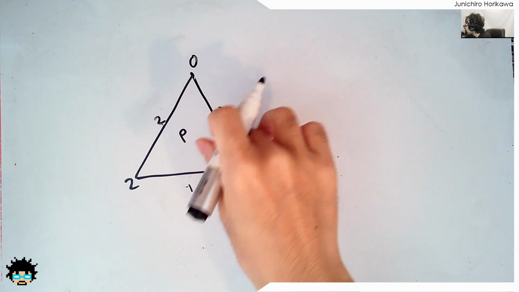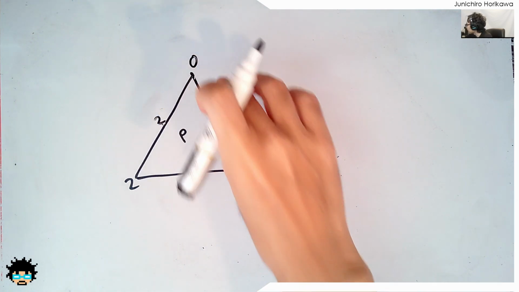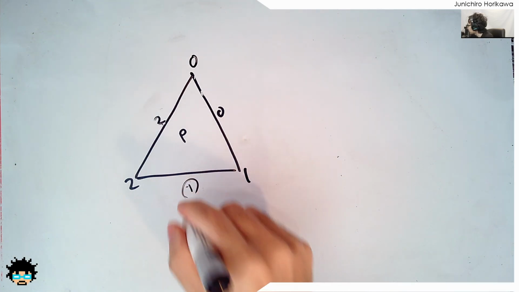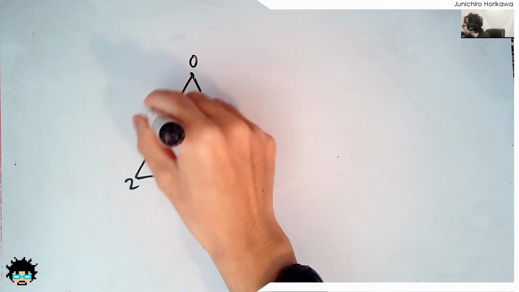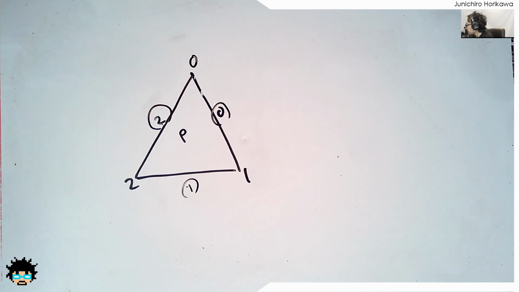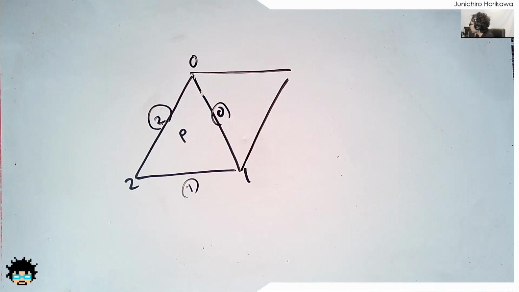So if you have half edge number 0, the next half edge number you can retrieve is 1, and for the next one you can retrieve 2, and the next one becomes 0 again.